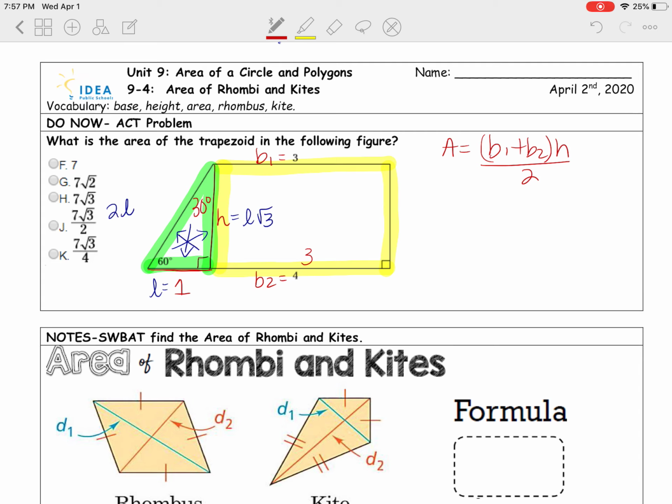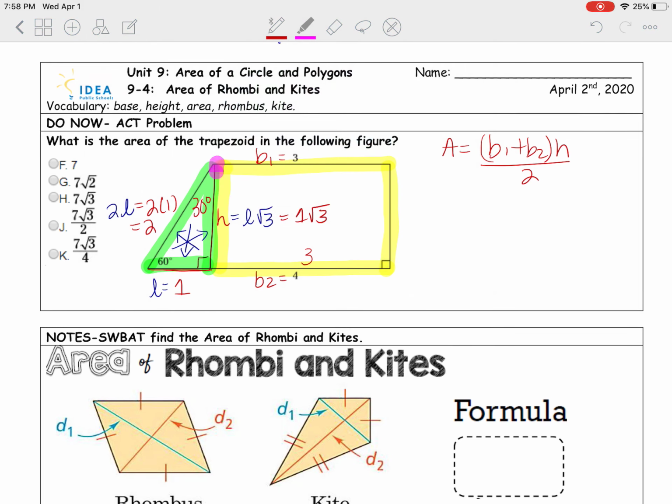So because the short leg is 1, the side opposite to the 60 degree will be 1 times the square root of 3. And our hypotenuse will be 2 times 1, which gives us 2.